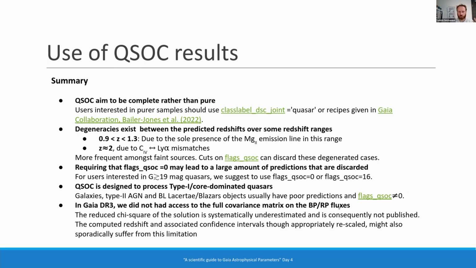So we are wrongly estimating the chi-square solution, which is systematically underestimated. And this is the reason why we are not publishing it. After we rescale the confidence interval, they may still sporadically suffer from this limitation.